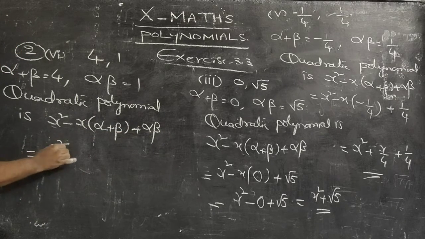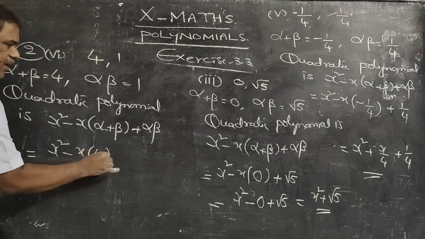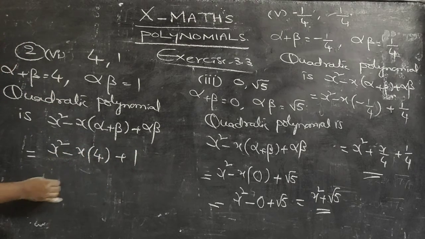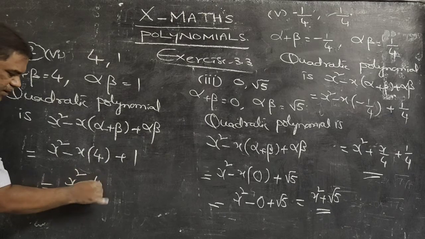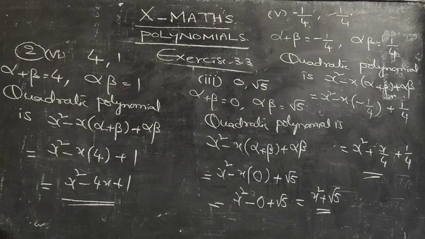So x square minus x into alpha plus beta, which is 4, alpha beta is 1. So the answer is x square minus 4x plus 1.